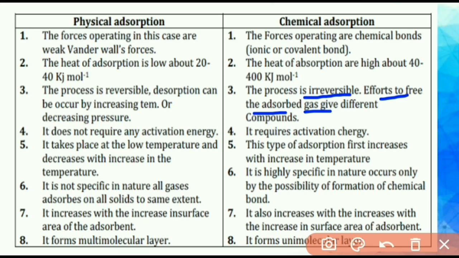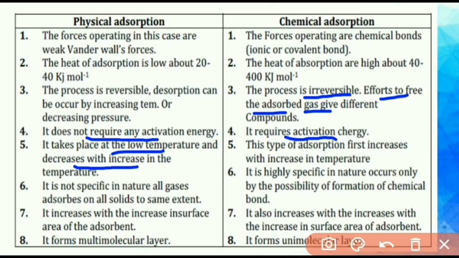Next, physical adsorption does not require any activation energy, but chemical adsorption requires activation energy. Next, physical adsorption takes place at low temperature and decreases with increasing temperature. So low temperature is favorable for physical adsorption.